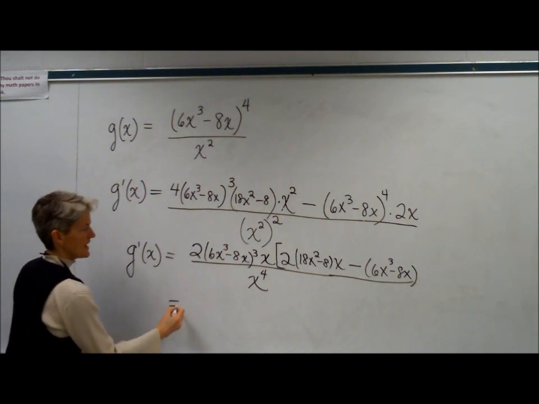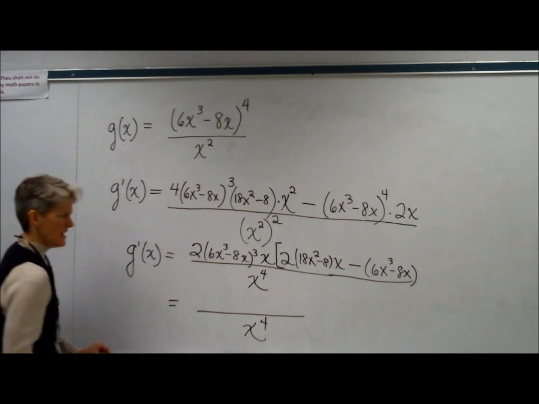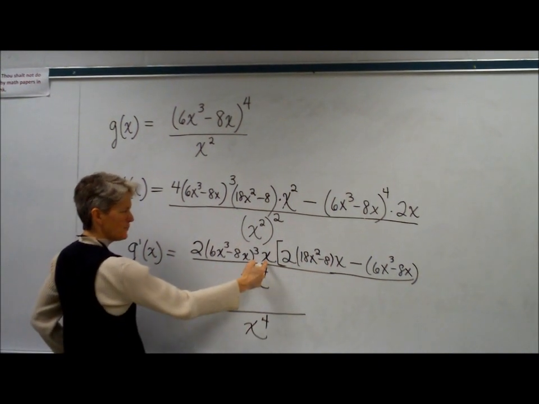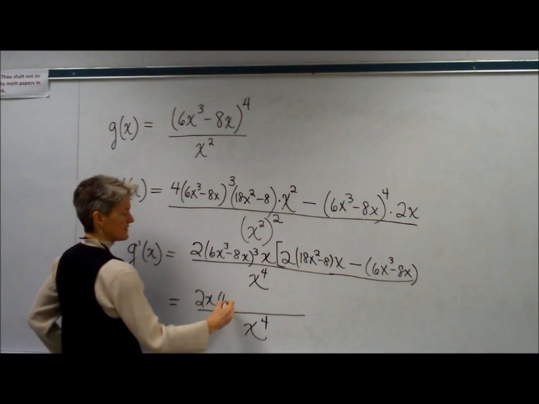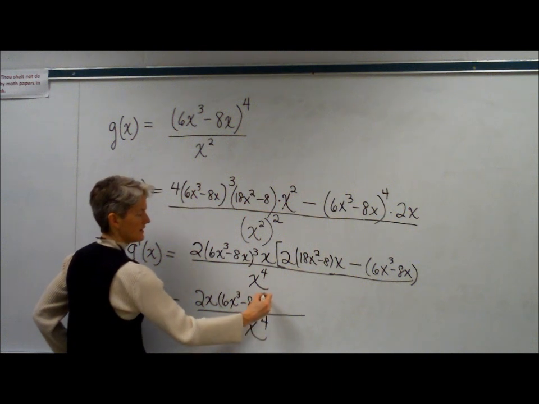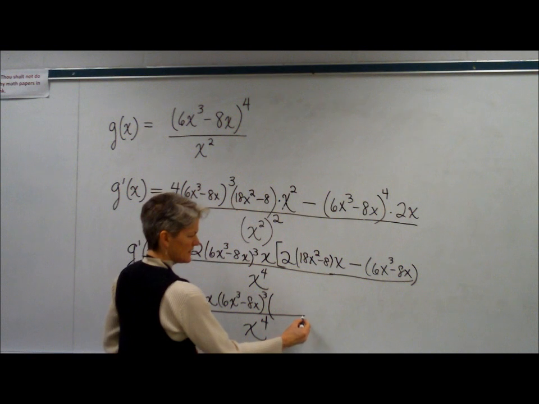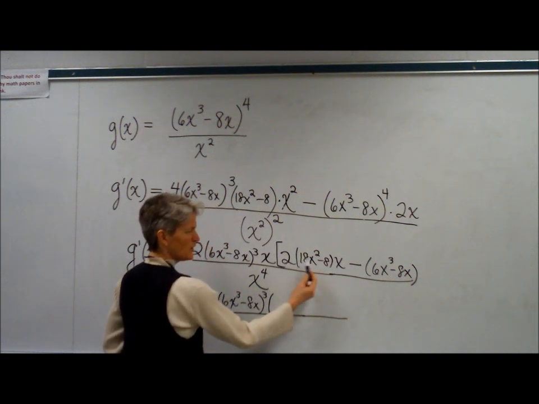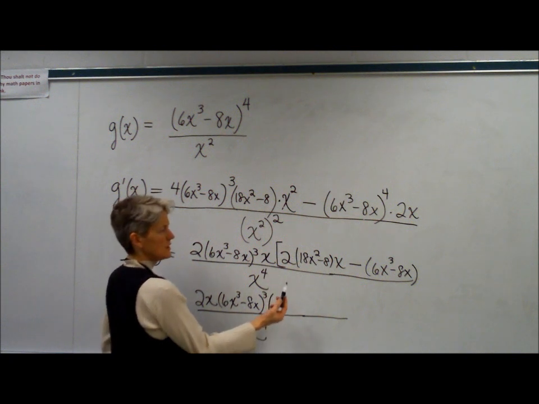Oh my goodness, I'm running out of room. Yeah, but you're getting there. I'm getting there. All right, can I move that x next to the 2, just so it looks neater? Absolutely. 2x times 6x to the third minus 8x quantity to the third. I'm going to do a normal parentheses here. So let's see, I have that 2 times that x, and I'm distributing that through.